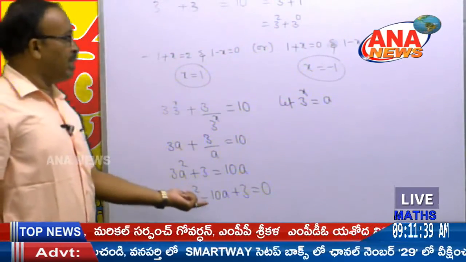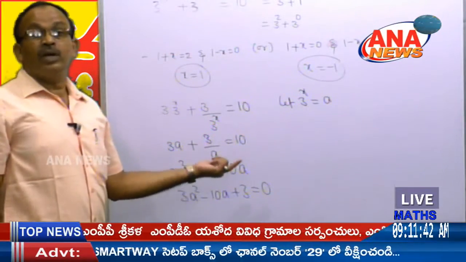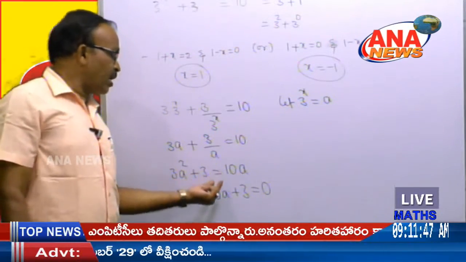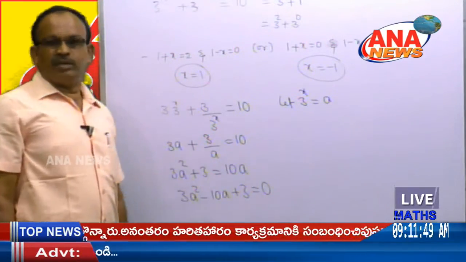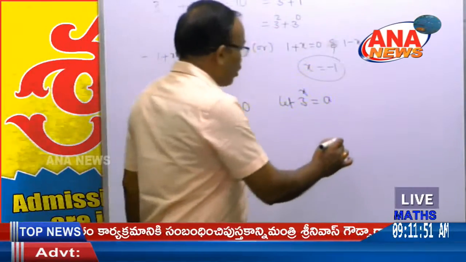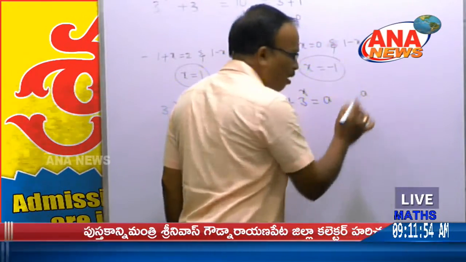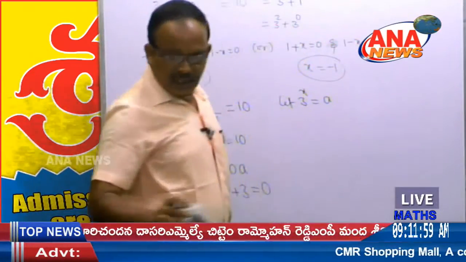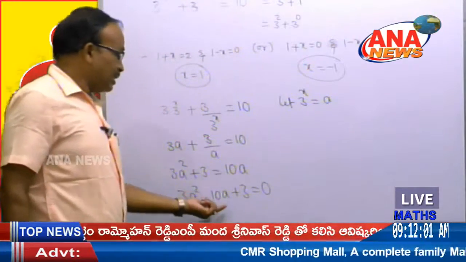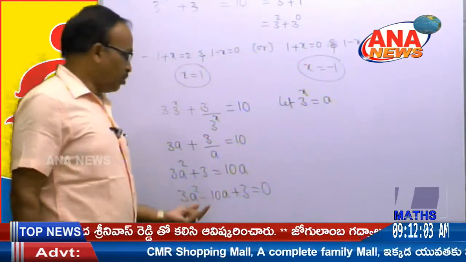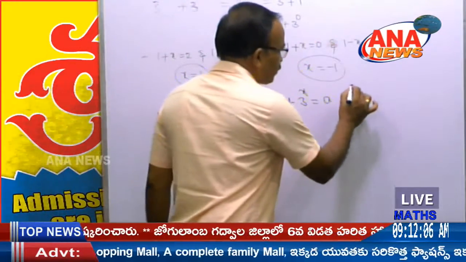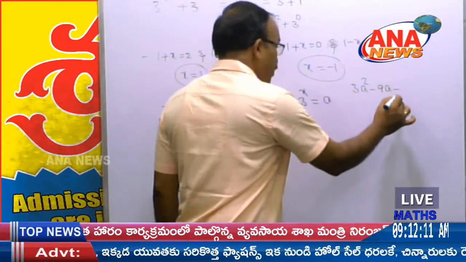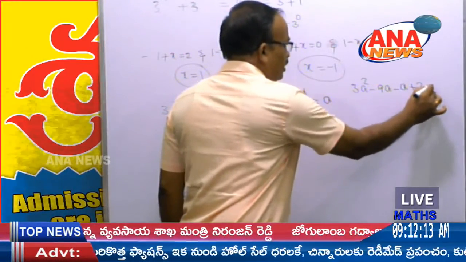Now it is a quadratic equation in terms of a, in the form of ax square plus bx plus c is equal to 0. Just find the factors of that equation. 3a square minus 10a plus 3 is equal to 0 can be expressed as 3a square minus 9a minus a plus 3 is equal to 0.